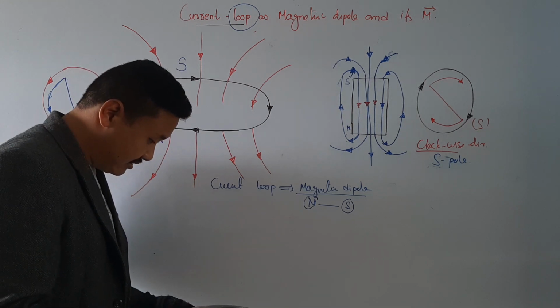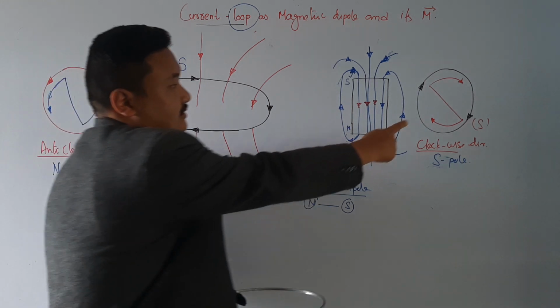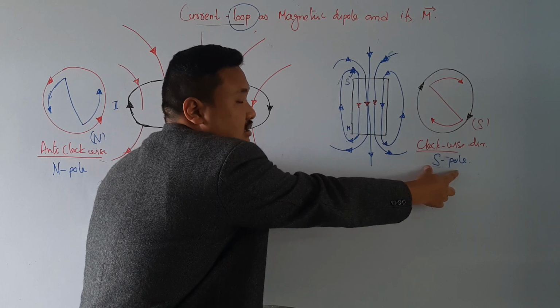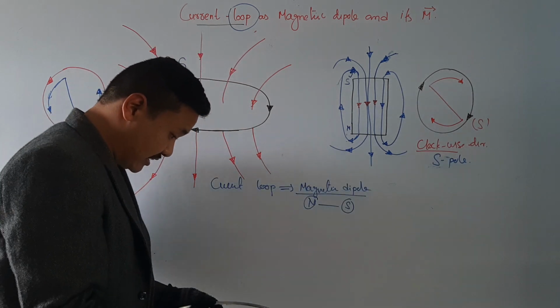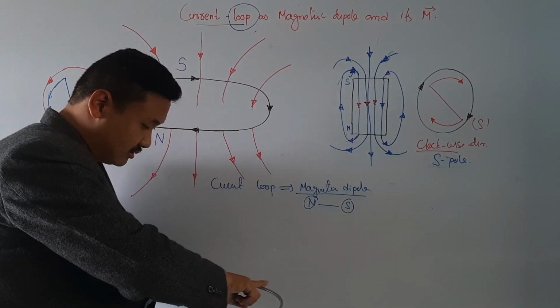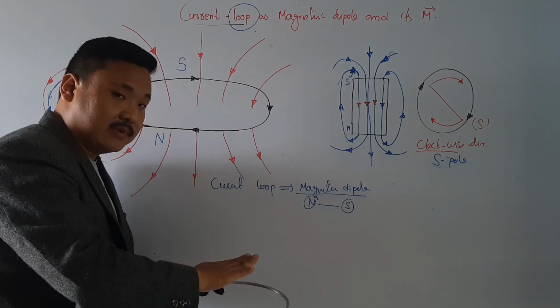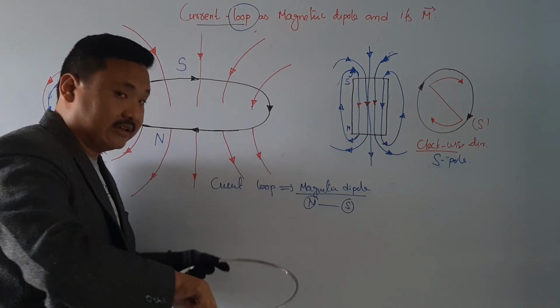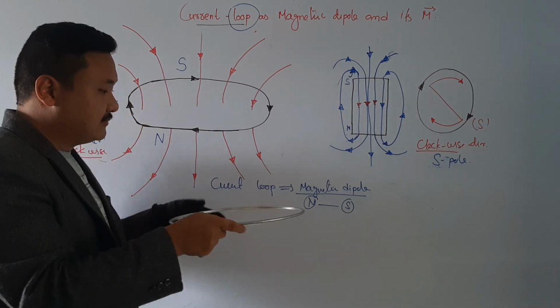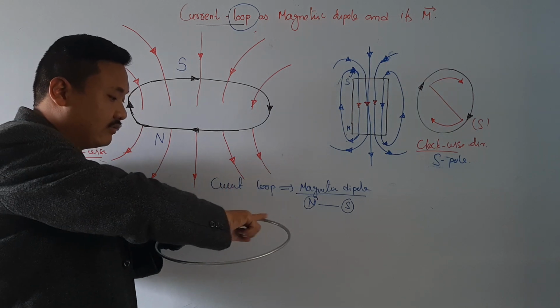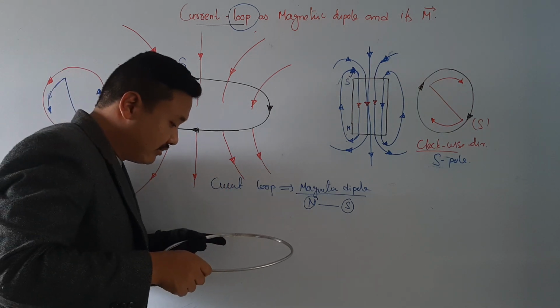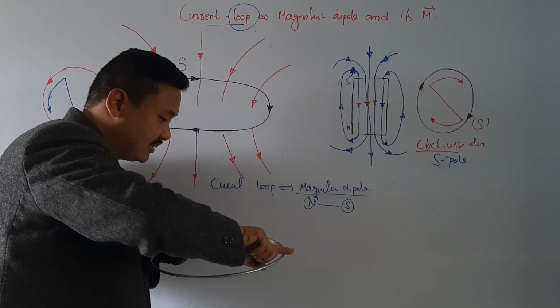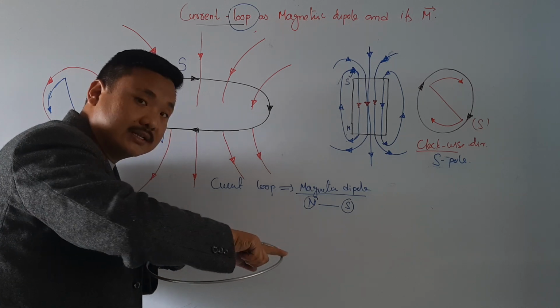If I look at it from here, then if it is clockwise, then it should be a south pole. It means that whenever I look from above, the south pole will be this part because this is in the clockwise direction. Looking from above, I will see the direction of current in the clockwise direction.